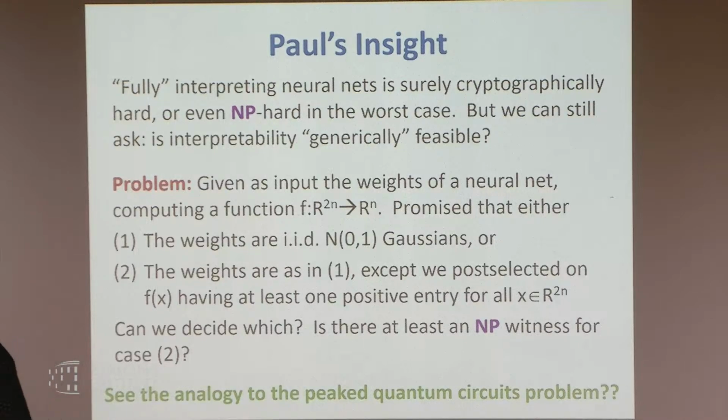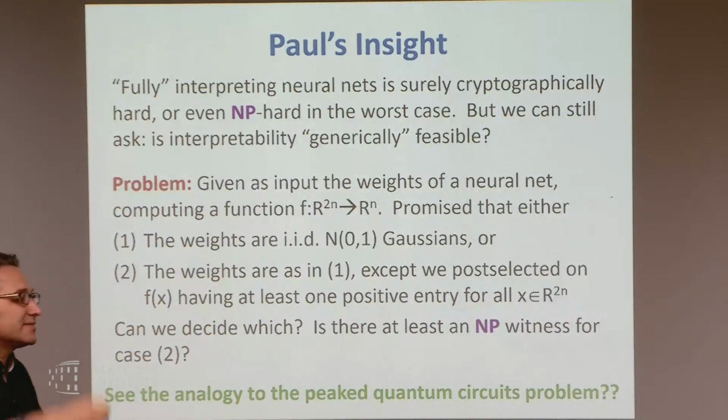In both cases, we're asking, can you distinguish a random circuit from a circuit that is otherwise as random as possible, but has been post-selected to have some sort of global property of its output? In the quantum case, it was a property of the output state being peaked. Here, it is a property of the truth table of the function computed by this neural net.